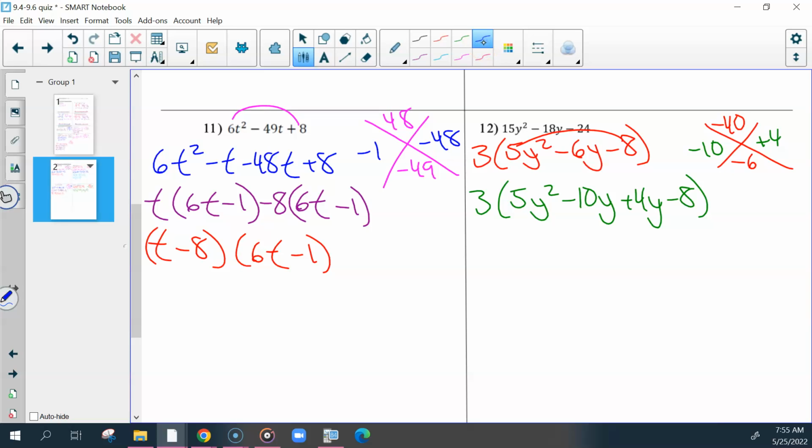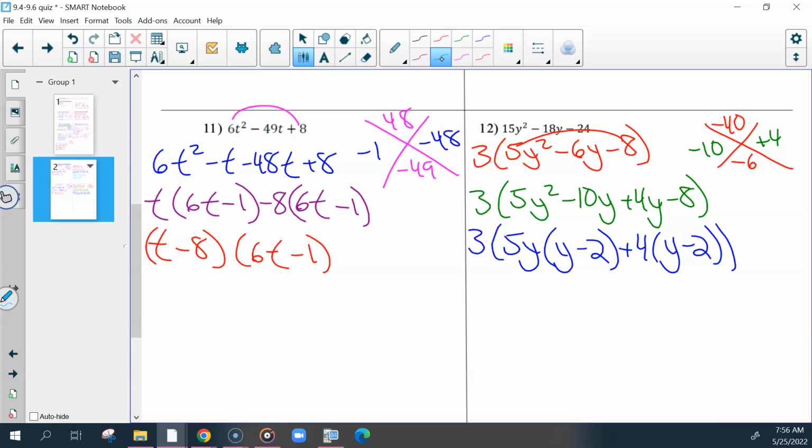And then the first two have 5y in common. So if we divide that out, y minus 2 would be left. Of the last two, positive 4 is what we can divide out of both. And y minus 2 would be left. How do you get 40?